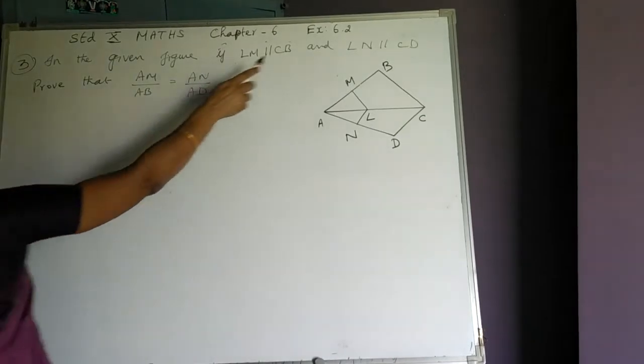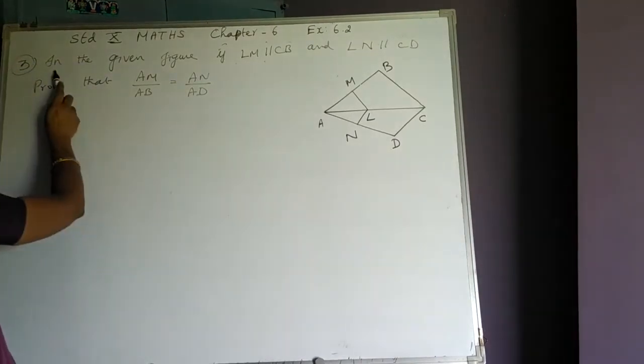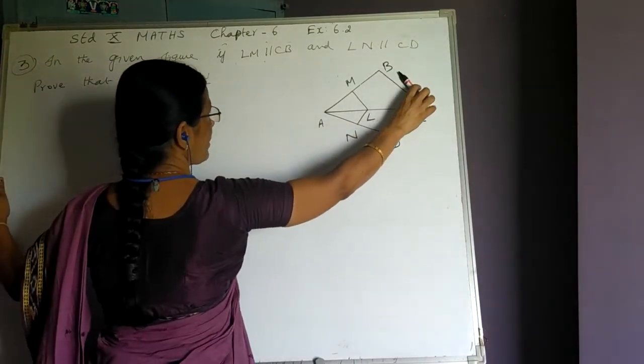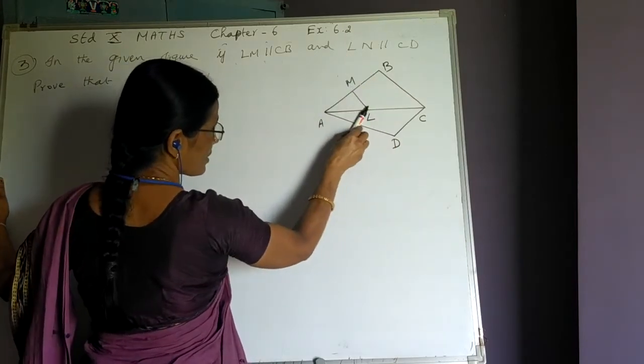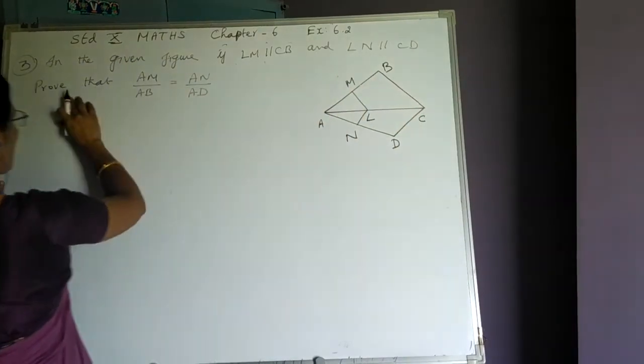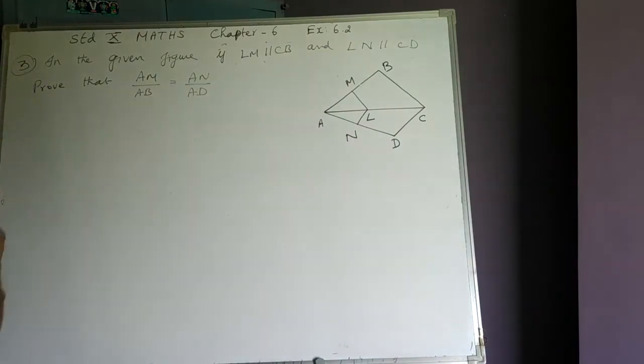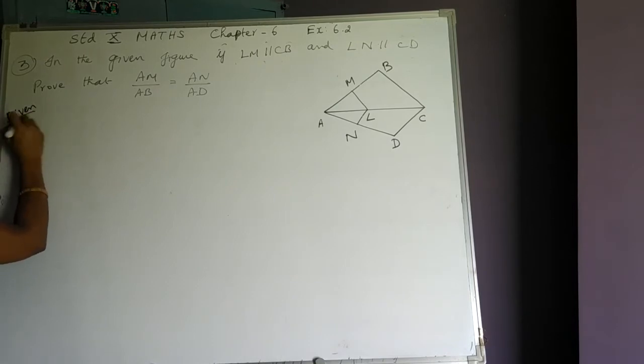Third question of exercise 6.2. In the given figure, if LM is parallel to BC and LN is parallel to DC, then prove that AM upon AB is equal to AN upon AD. So given and to prove, children, you can write by yourself. For one, I am writing, as for the first question. Given is what?